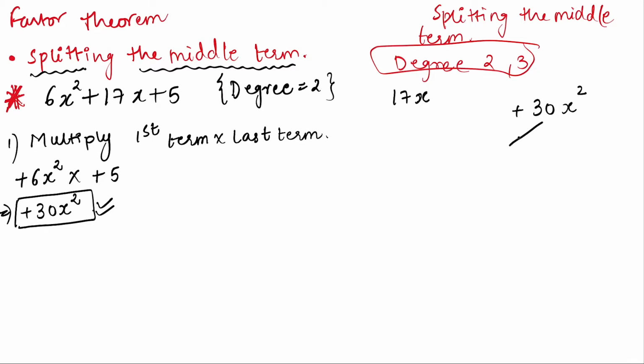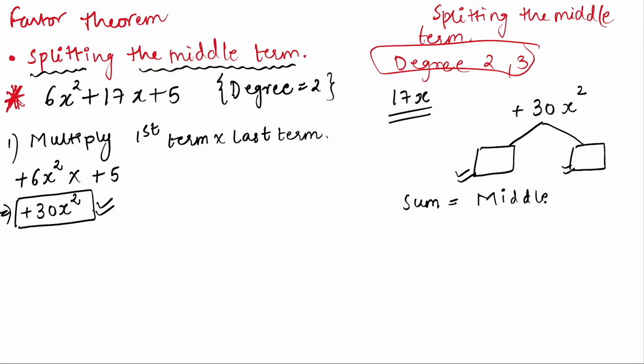We are going to select two numbers in a way that when we add those two numbers, it means we get the sum of those two numbers, then we should get this middle term. It means the sum of those two numbers should give us the middle term.